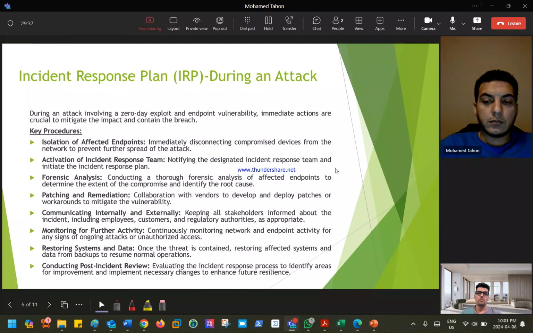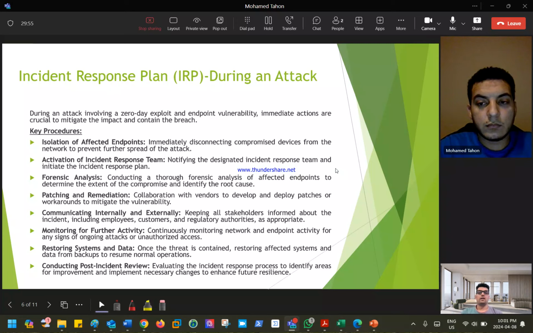So, the incident response plan during the attack. When the attack happens, what would be the IRP for this attack? There are some key procedures that should be followed during a zero-day attack.